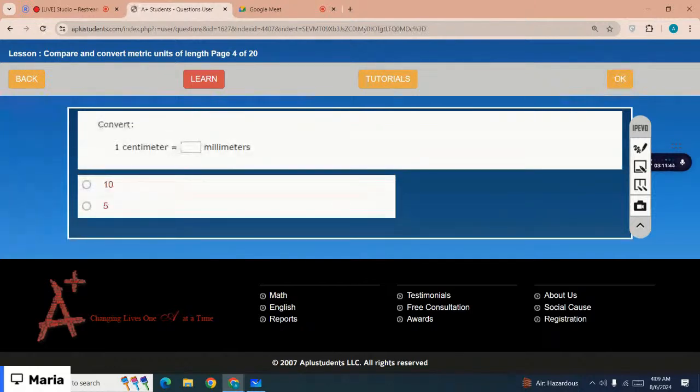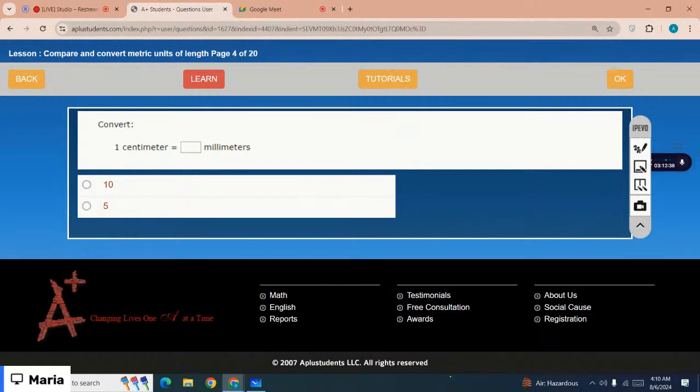The next one is 1 centimeter equals how many millimeters? The correct option is 1 centimeter equals 10 millimeters.